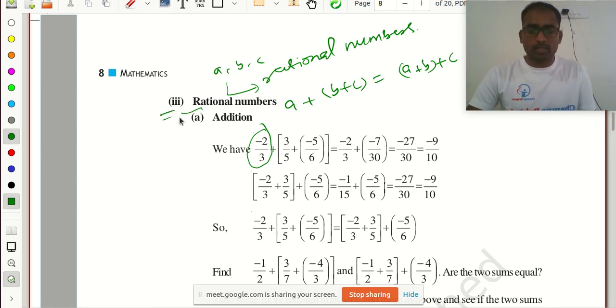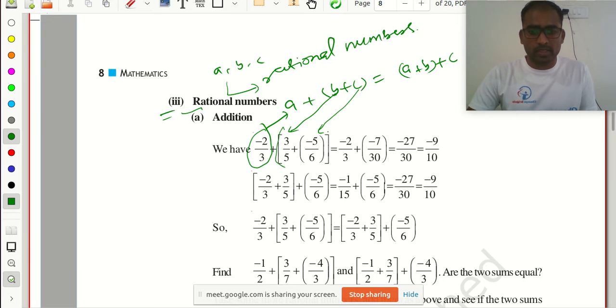For rational numbers also we are discussing the associativity property under addition. For rational numbers under addition. So here we have A as minus 2 by 3, B as 3 by 5 and C as minus 5 by 6. These three are rational numbers.